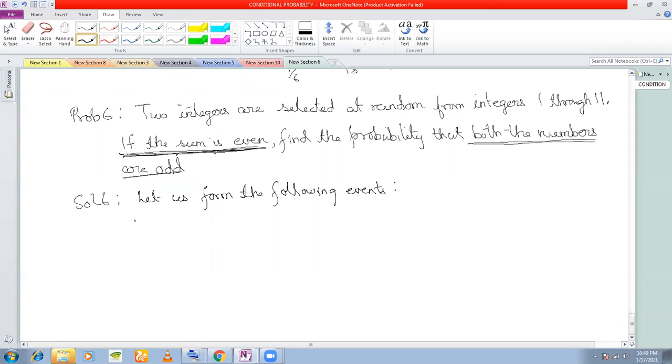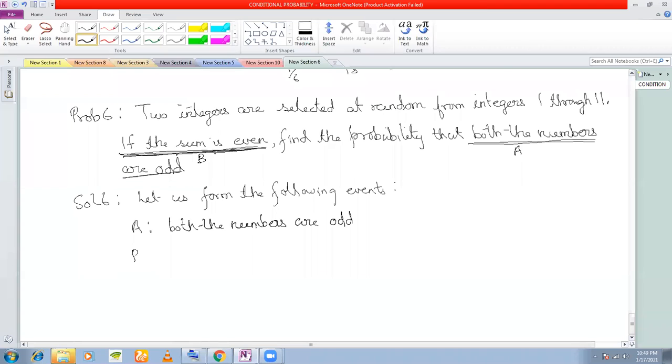If you consider this event as A and this event as B, then you have to form B slash A. Always take B as the given event. Let us call the event A: both the numbers are odd.